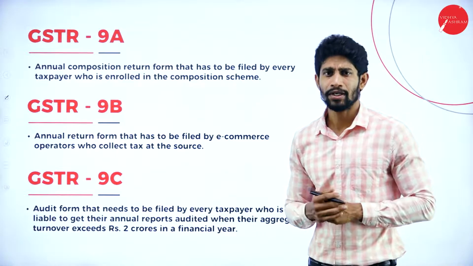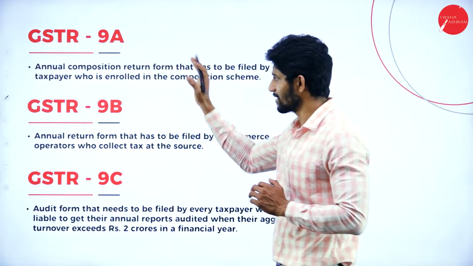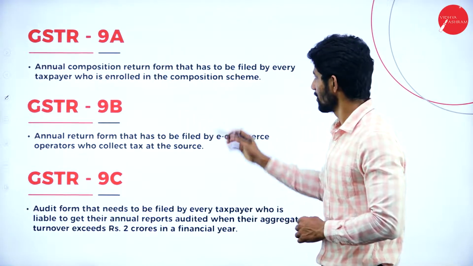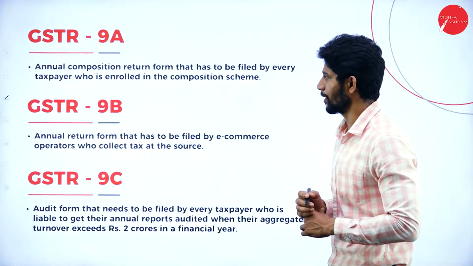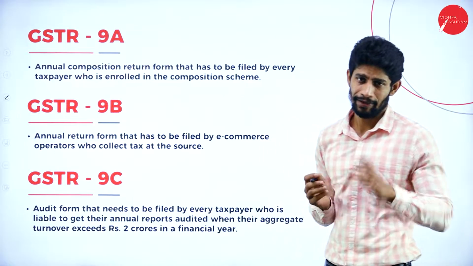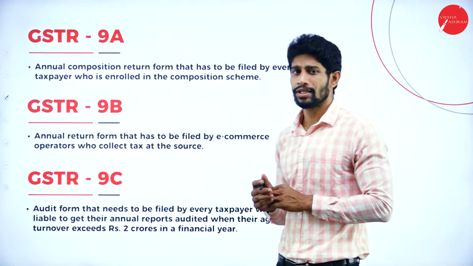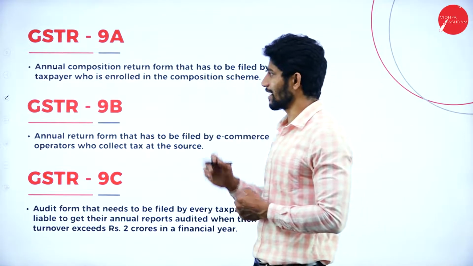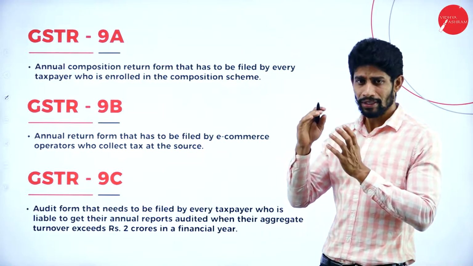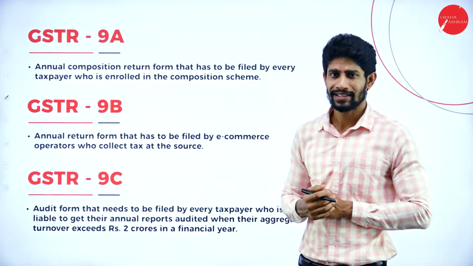Any supplier who is registered under the composition scheme is supposed to file GSTR 9A annually. It is very important to file this. So a composite supplier is supposed to file GSTR 9A, not any other suppliers.